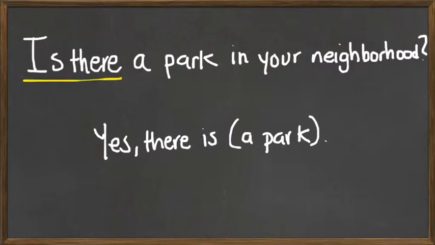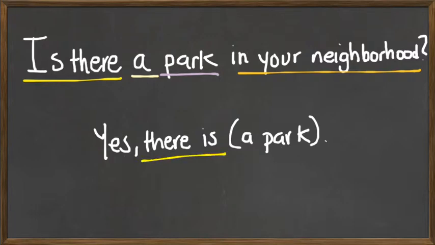Expression in the question form, our noun, don't forget that article too, and the complement, in your neighborhood. If the answer is yes, then we have our expression in here, there is. Yes, there is. And a park would be optional. It's not really necessary to repeat this in the answer.